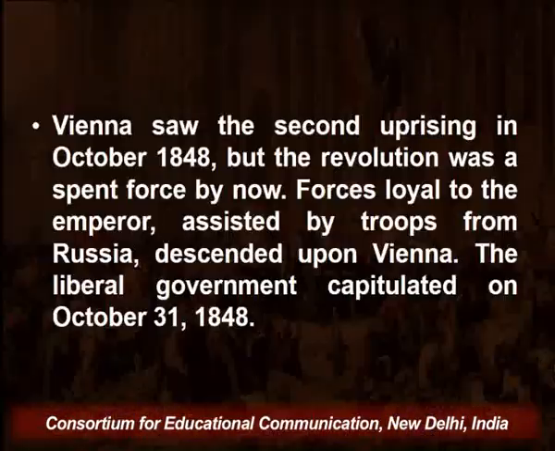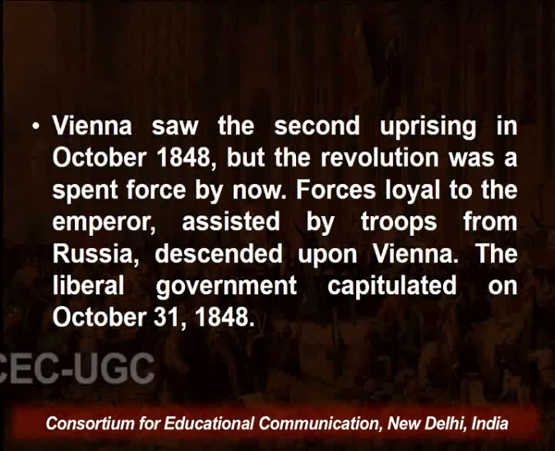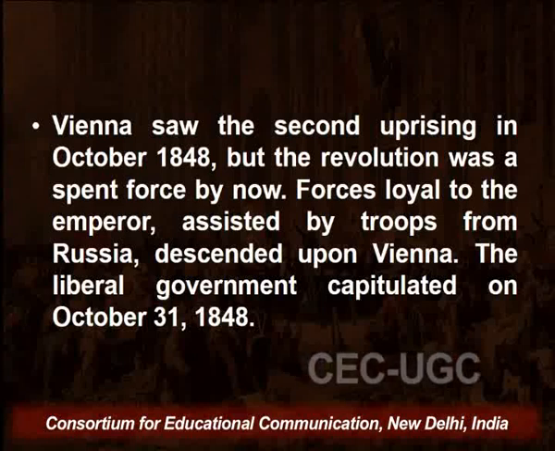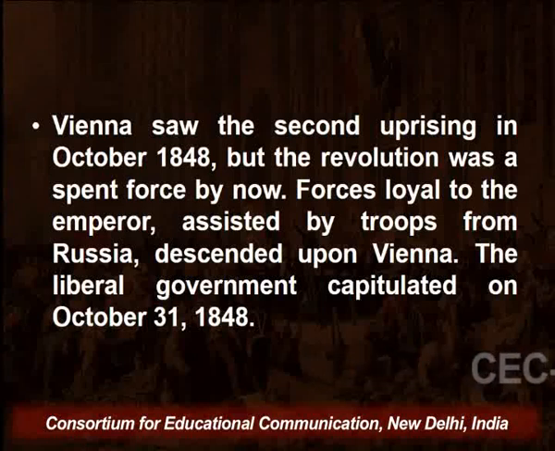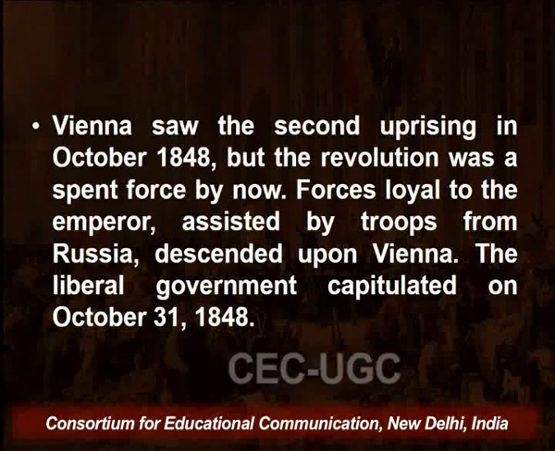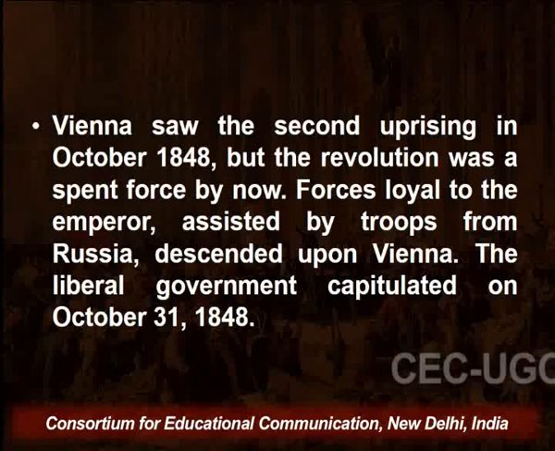Resultantly, what we find is that Vienna saw the second uprising in October 1848, but by this time the revolution was a spent force, and forces that were loyal to the emperor, assisted by the troops from Russia, descended upon Vienna.